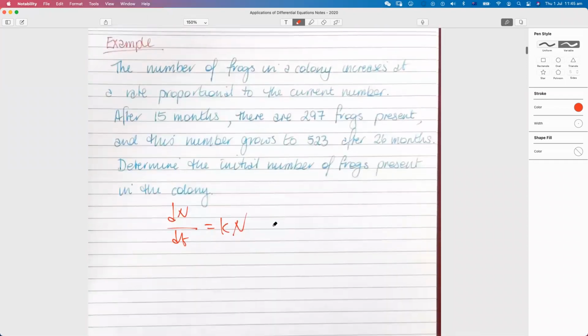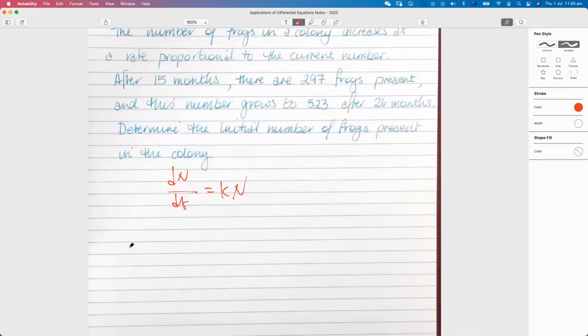From the previous result, after solving this differential equation, you have N equal to N naught times e to the kt. That's a shortcut for you.